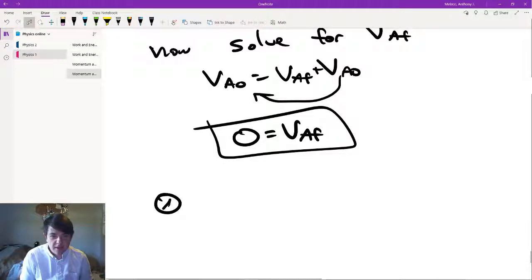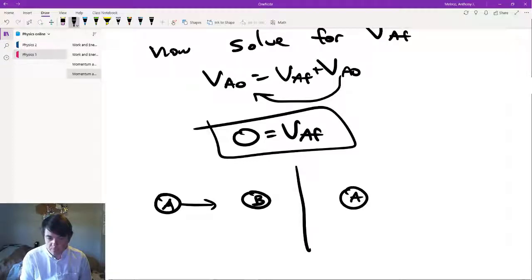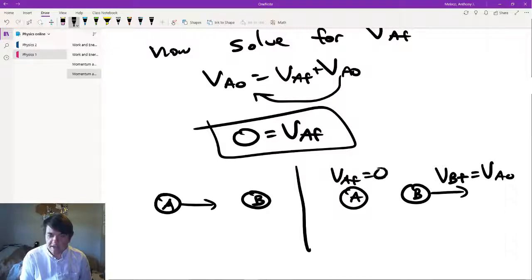So what happens is you have A moving, and it hits B at rest. Afterwards, A doesn't move, and B moves off at the original velocity. I don't know if you've ever seen billiards, but this is exactly what happens. In an elastic collision, the more elastic it is, the more you can get the ball to hit the first one, and then it stops completely and gets the other one moving.